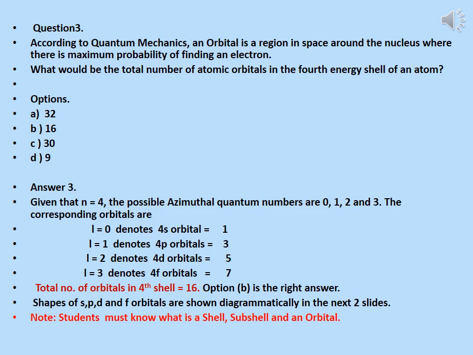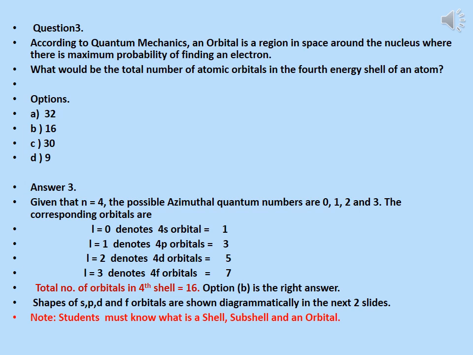Two of the d orbitals are oriented along the x and y axis or z axis, while three of the d orbitals point in between the axes: xy, yz, or xz. If you look at the f orbitals, based on their orientation along the different axes x, y, and z, they are 7 in number.